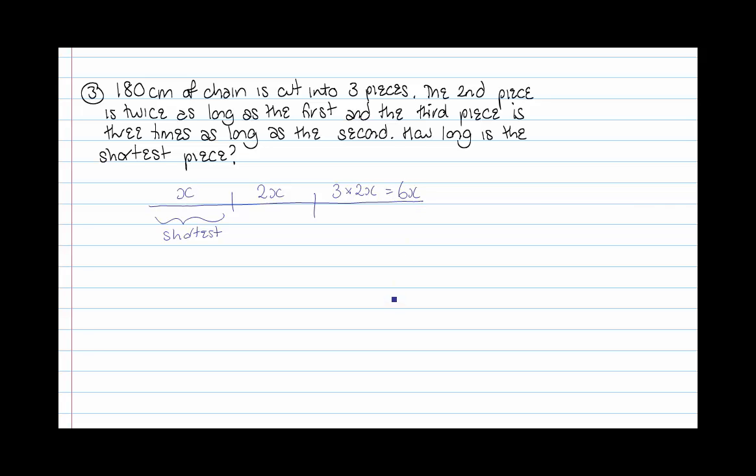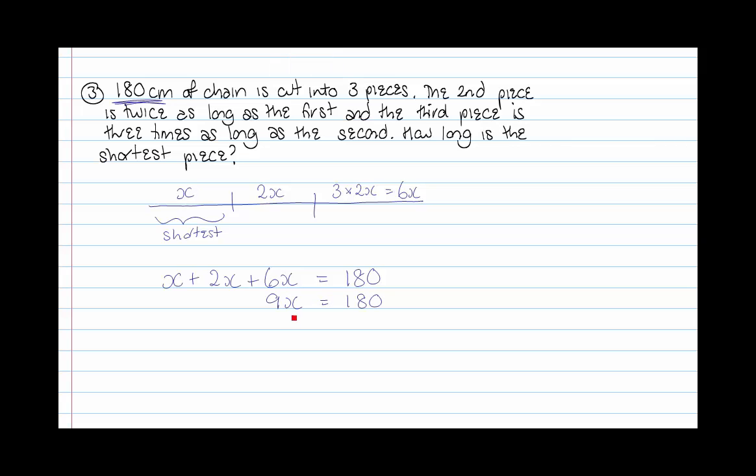Now the other piece of information is that it's 180 centimetres of chain. So these 3 pieces added together have to equal 180 centimetres. So x plus 2x plus 6x has to equal 180. 1x plus 2x is 3x, 3x plus 6x is 9x. So 9x has to equal 180.